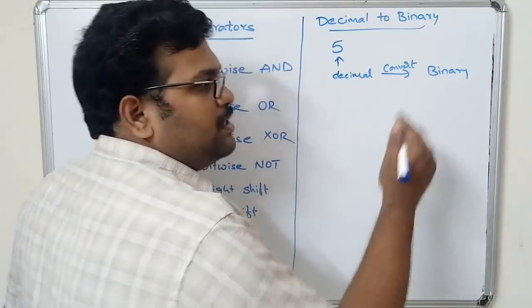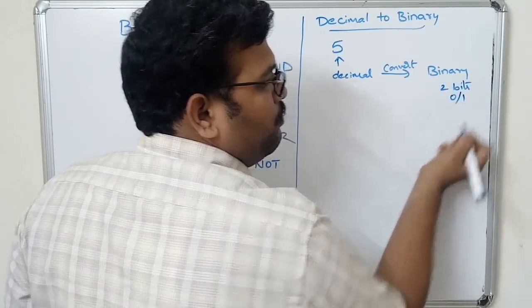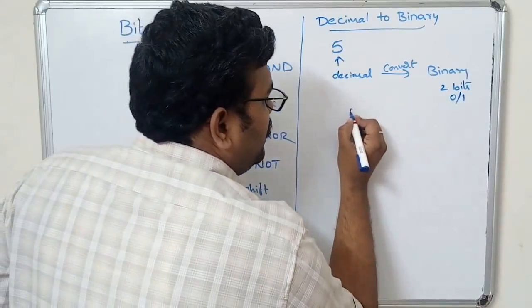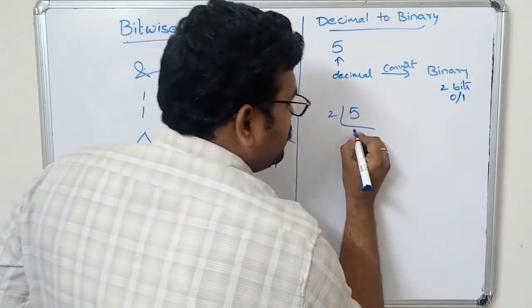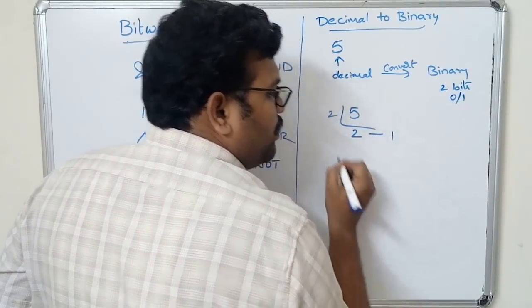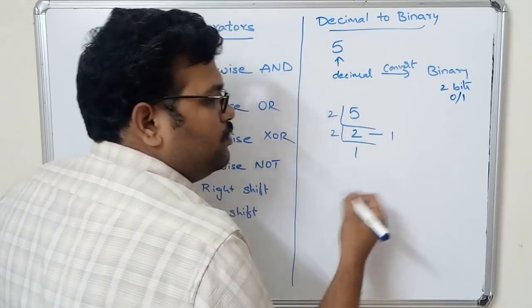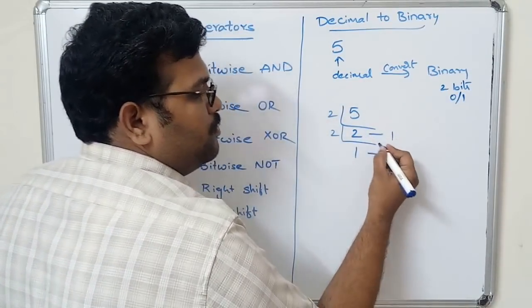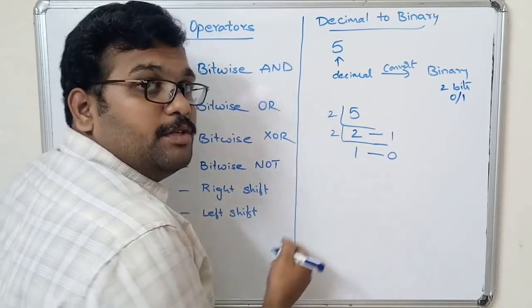Binary means only 2 bits, right? 0 or 1. Now divide 5 by 2. 2 2s are 4, and the remainder is 1. Again divide by 2: 2 1s are 2, remainder 0. Right? So it is not divisible further.